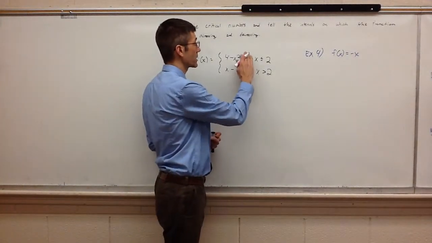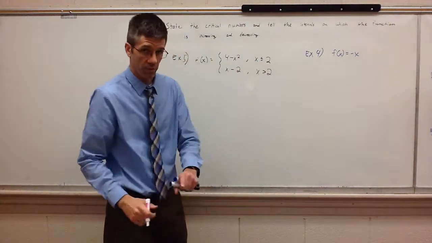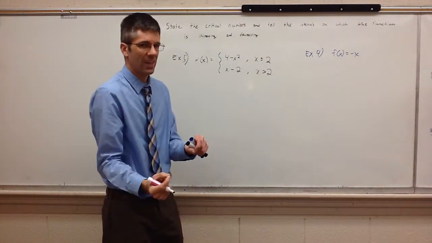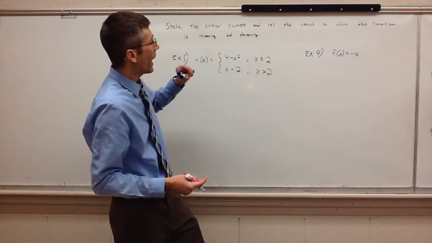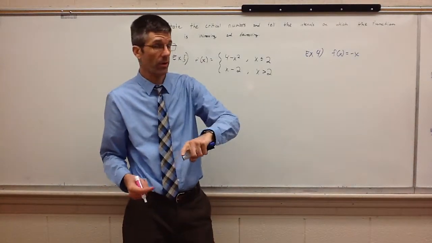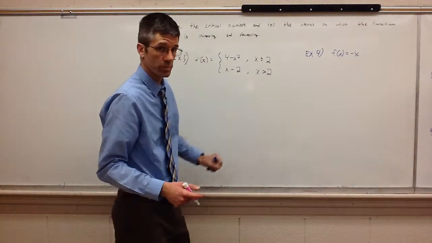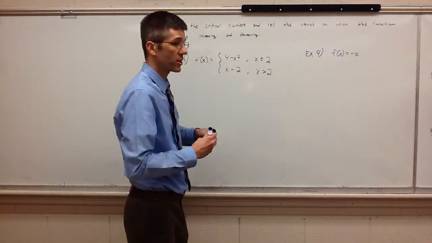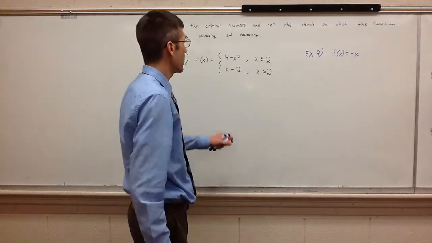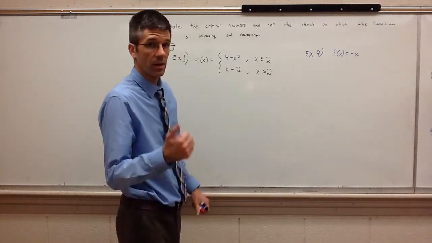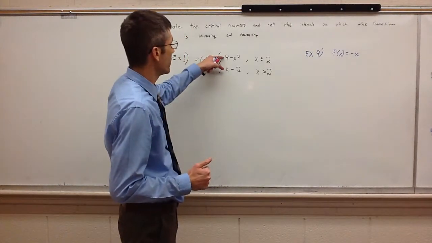Now here's the catch. If the slopes are the same when they meet up, then I don't have a critical number at 2. Okay? Critical numbers occur where the derivative equals 0 or where the derivative doesn't exist. It is continuous, but now I need to know if the derivative exists at 2.